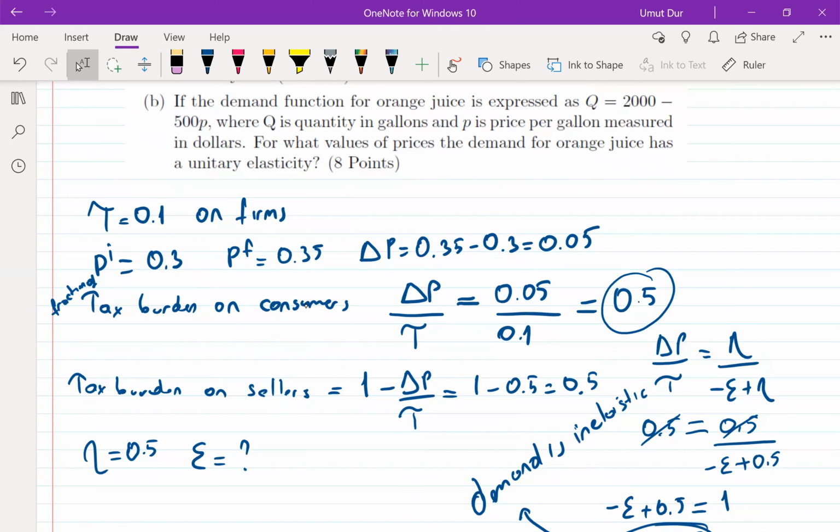So remember, the unitary elasticity is the case where epsilon is minus 1. Let me give you 3 minutes to work on this example, then we will solve it together.